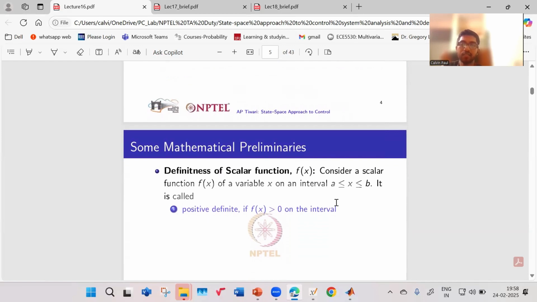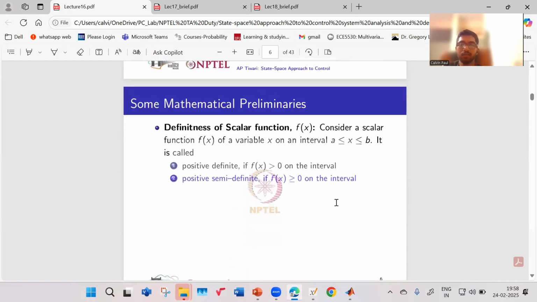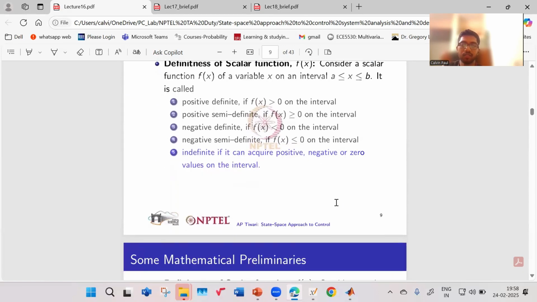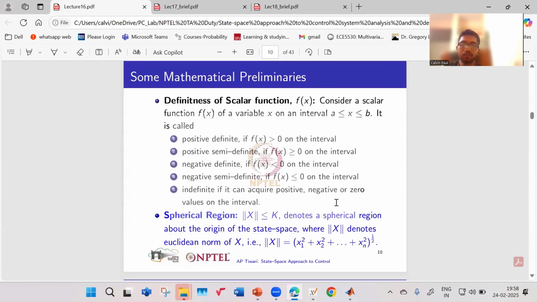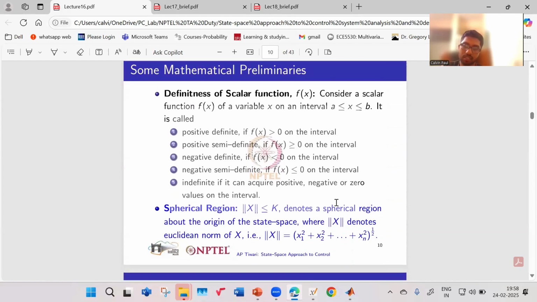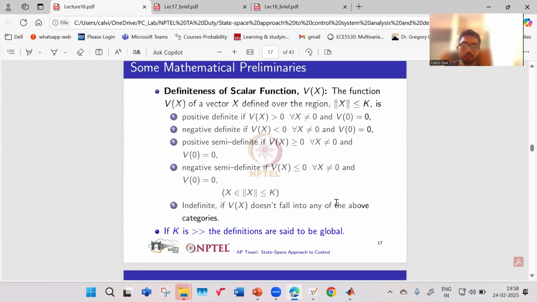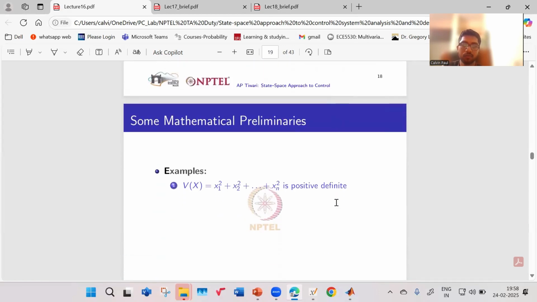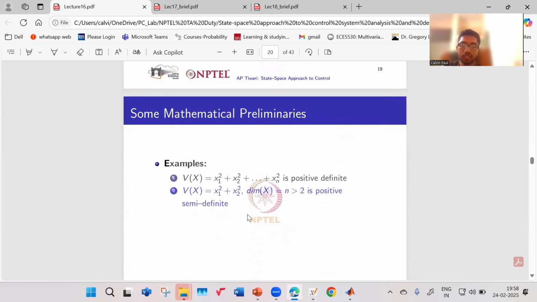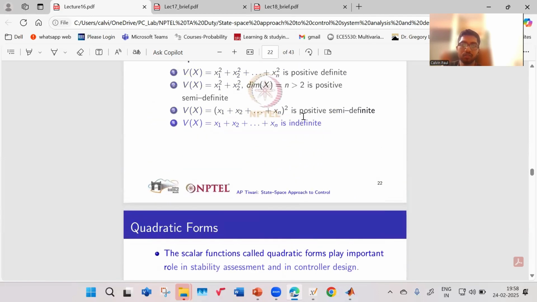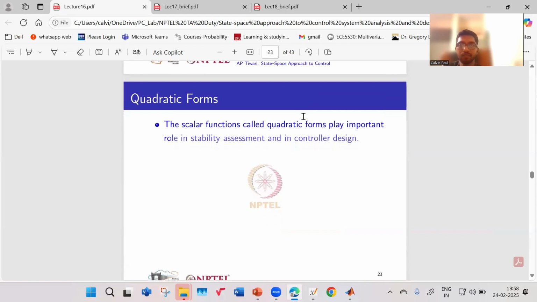There's an interval for the scalar function, right? Negative definite, negative semi-definite, etc. What is a spherical region was also shown. And these are the cases when it is positive definite or negative definite, positive semi-definite or indefinite, etc.